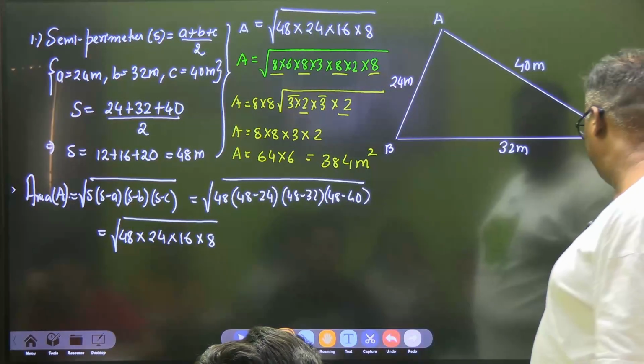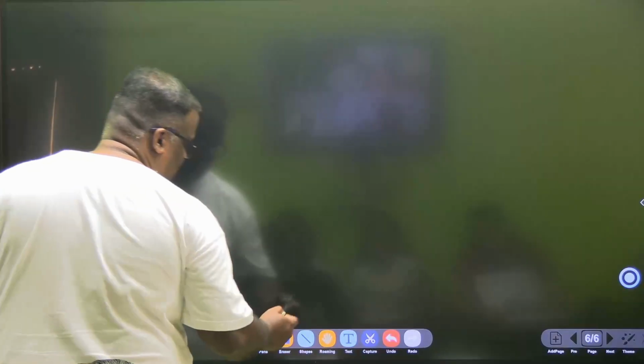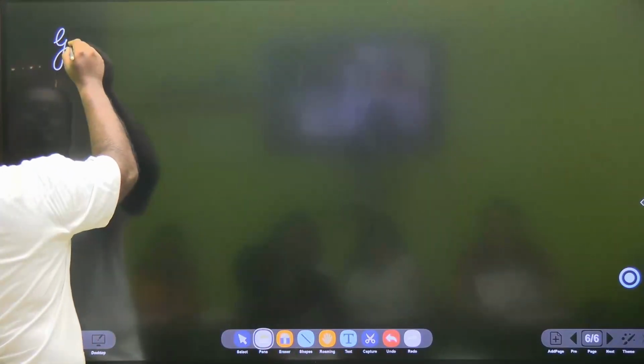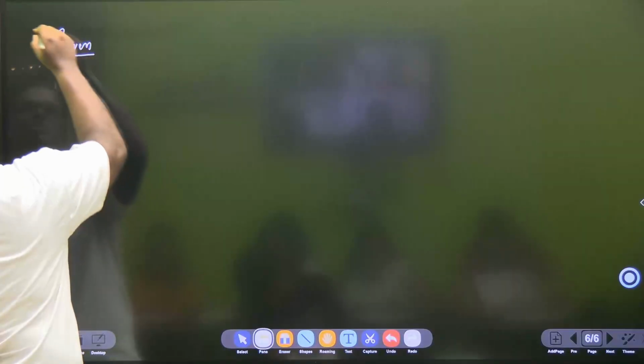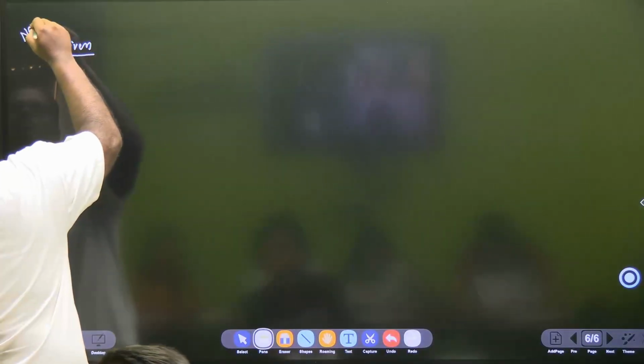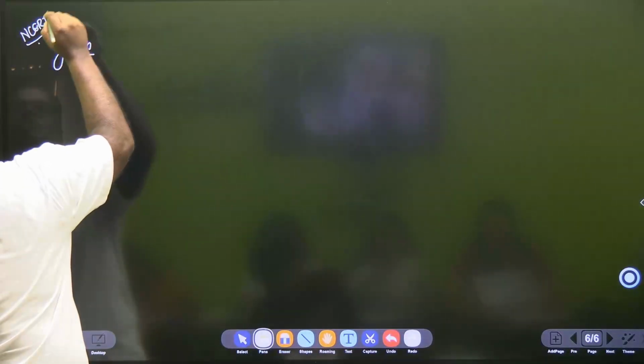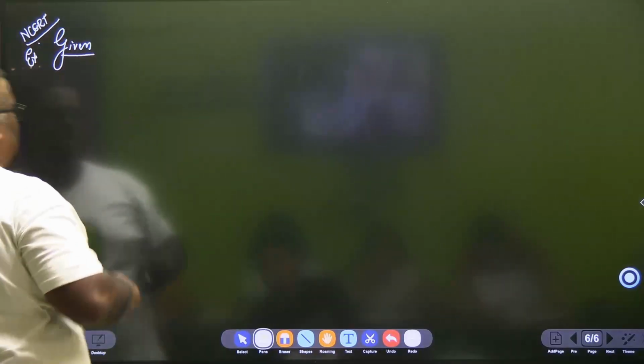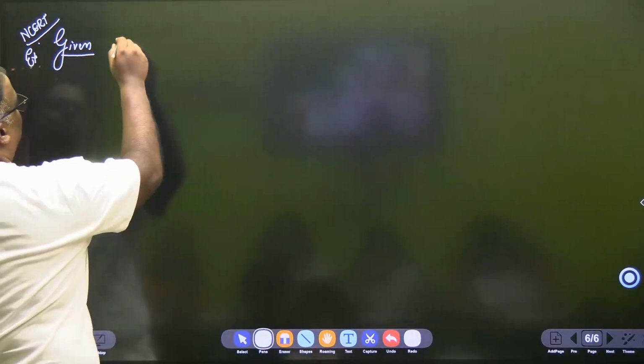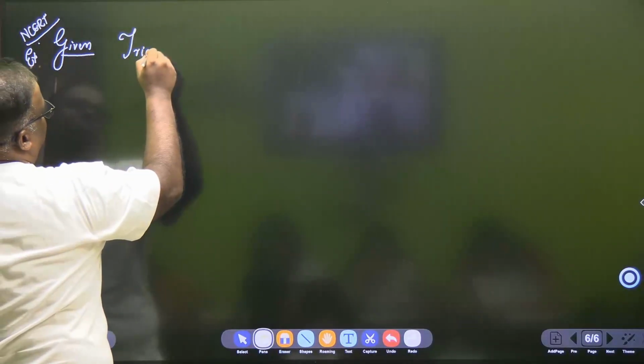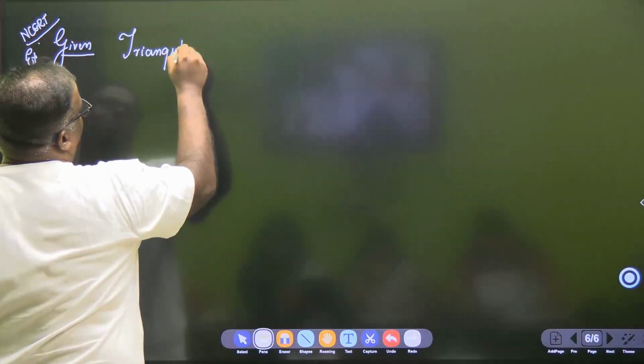Shall we take this problem now? Okay, chalo, ye karke, then we'll have a break for today. So we go by this problem. We have a triangular park, okay? This is an NCERT solved problem, and in many schools this comes directly. So given, this is NCERT example, and I have uploaded the NCERT page. Given, number one, triangular park means the shape is a triangle.